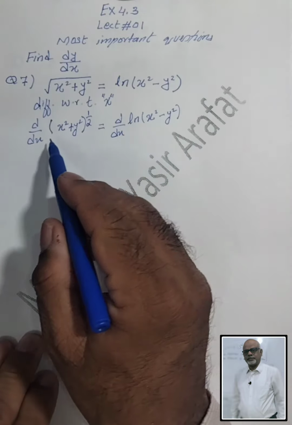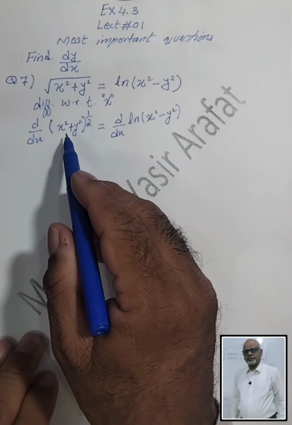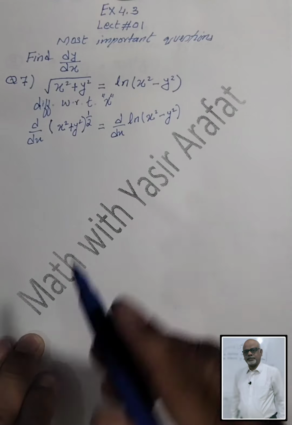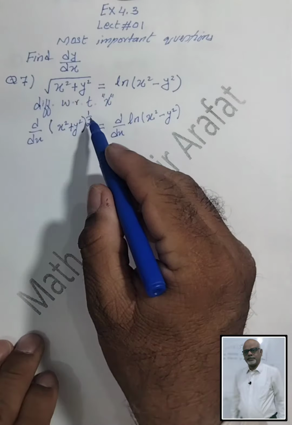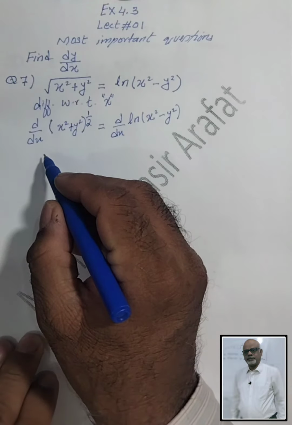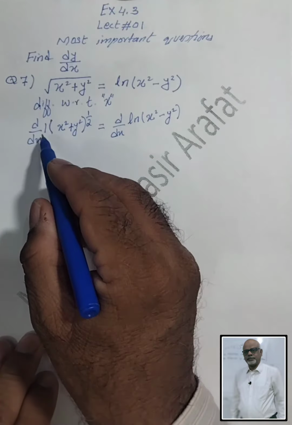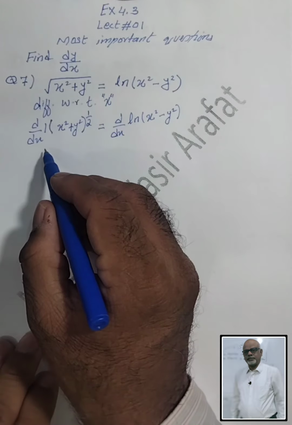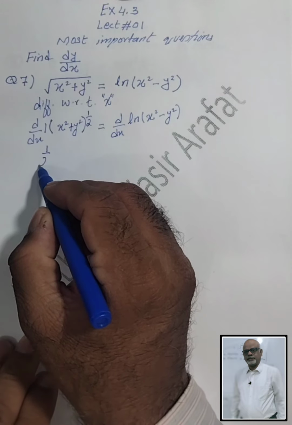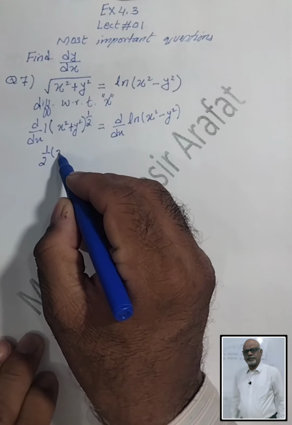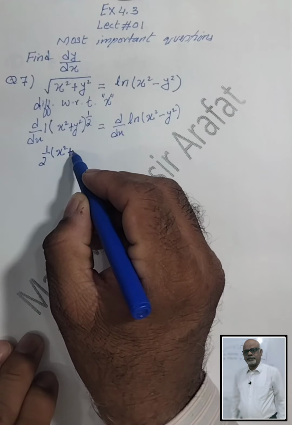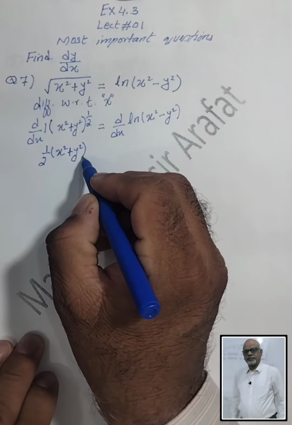Now here we have to apply the power rule on the left hand side. First we have to find the derivative of the power and then of the function. So this is the coefficient 1. The coefficient multiplies with the power, so it is 1 over 2 times x square plus y square.